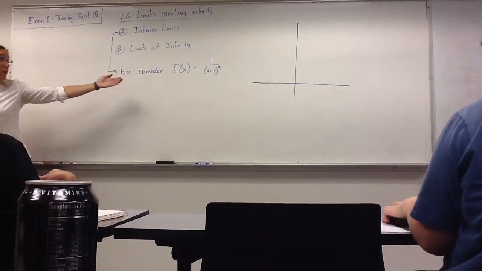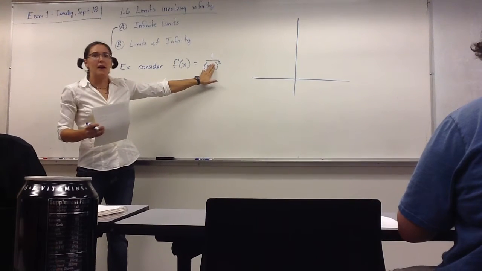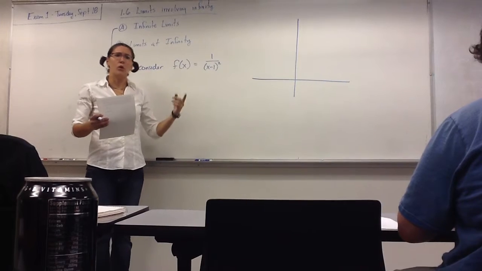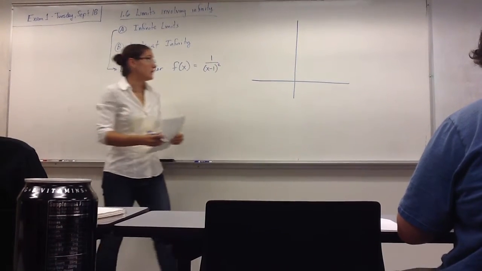If I didn't have a calculator and I covered up the minus 1 in the bottom, I would have a picture that looks like 1 over x squared, and the minus 1 shifts it over by 1 unit.